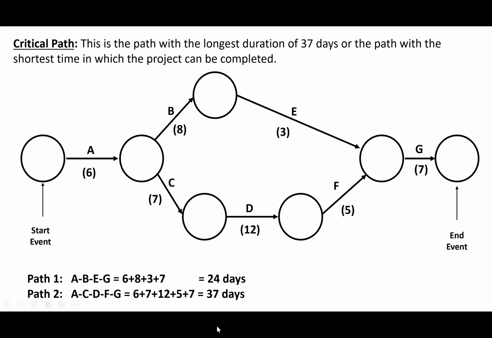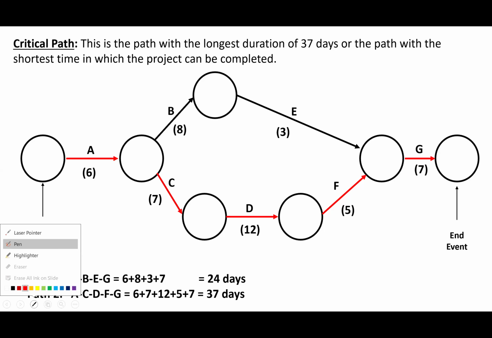The critical path is the path with the longest duration, 37 days, or the path with the shortest time in which the project can be completed. So it means that the critical path is path A, C, D, F, G. That one there, in red, is our critical path.